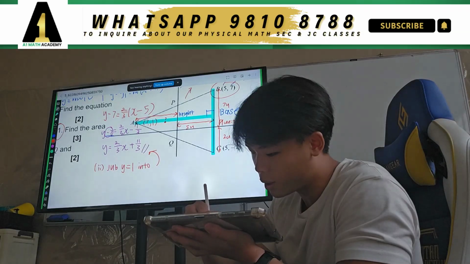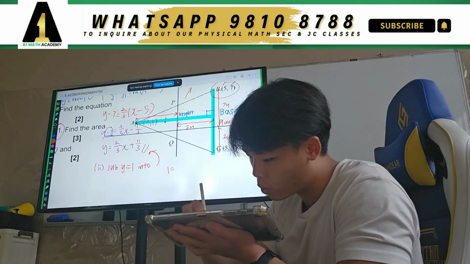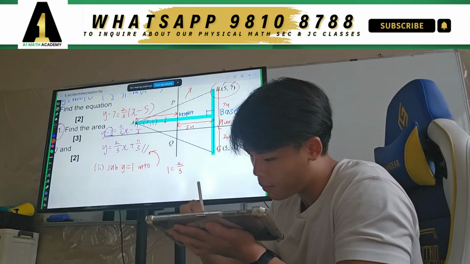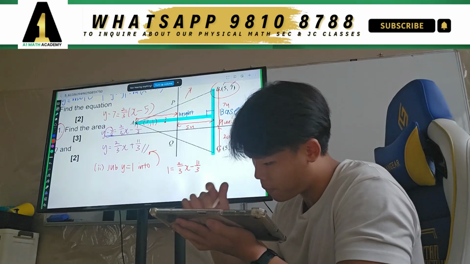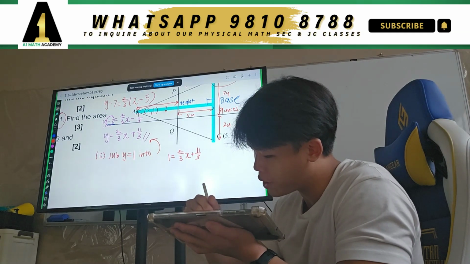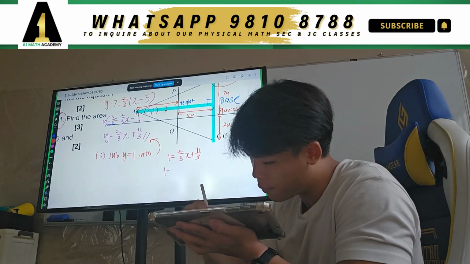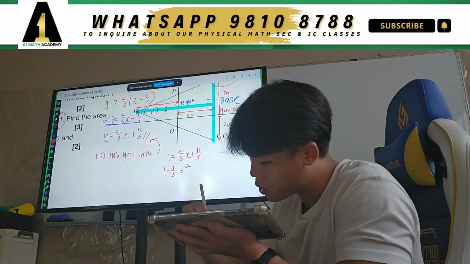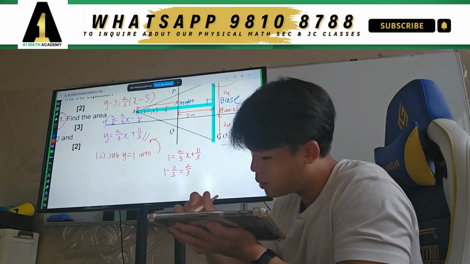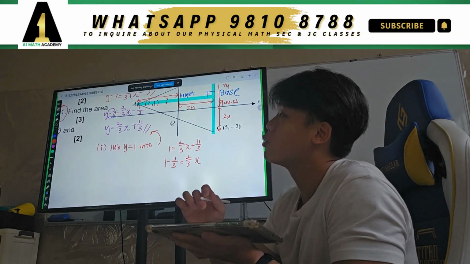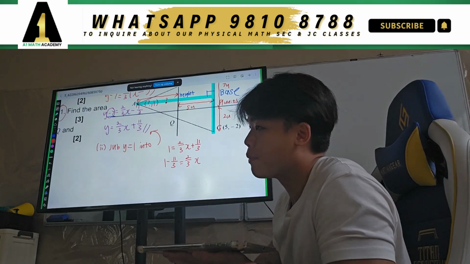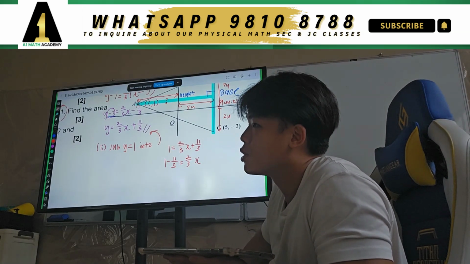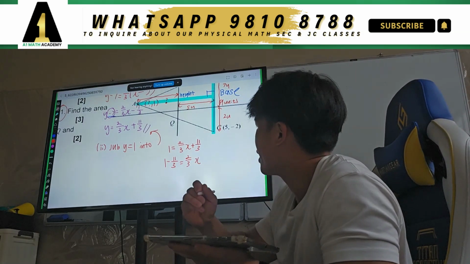So 1 equals 2/3 x minus 11 over 3. Plus 11 over 3, so 1 plus 11 over 3 equals 2 over 3 x.